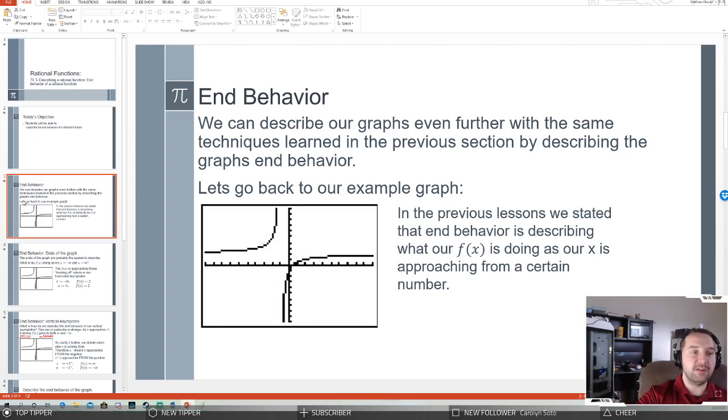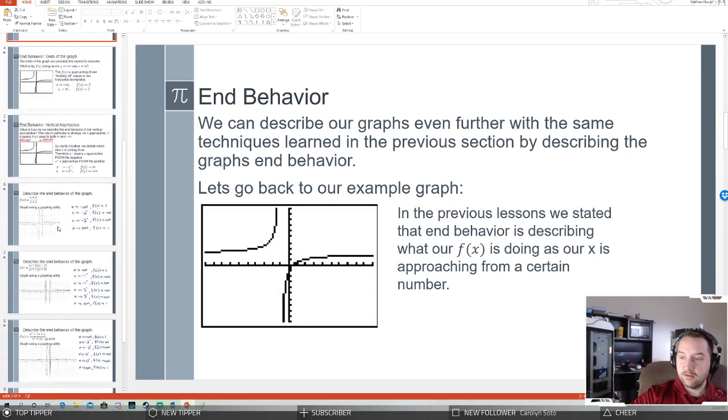So in this instance, it's going to infinity here, here, down here, and right here. So those are 4 pieces of information that I'm going to describe, because the end behavior is going to do those 4 things.